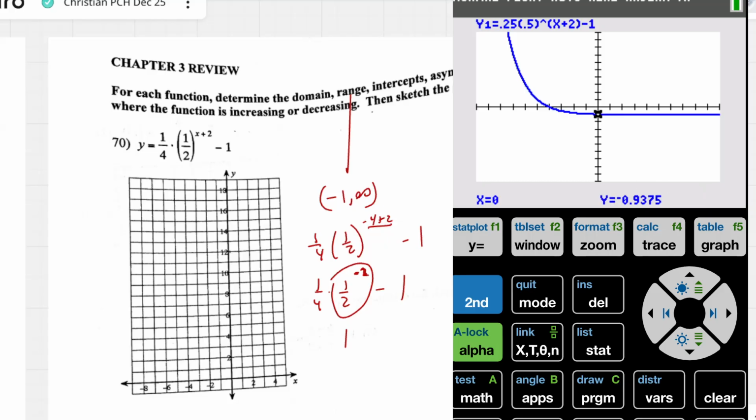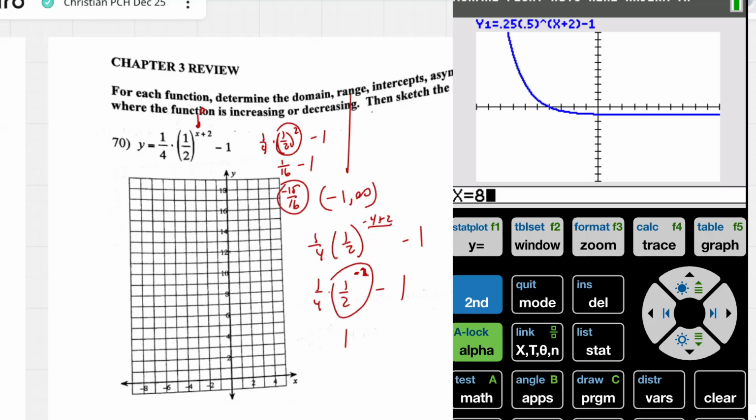If you were just actually doing it by hand, you would plug in 0 for x. So you would get 1/4 times 1/2 to the second. That's 1/4. And this turns into 1/4 times 1/4 turns into 1/16. Minus 1. And then you got some fractions, but that's going to turn into -15/16.